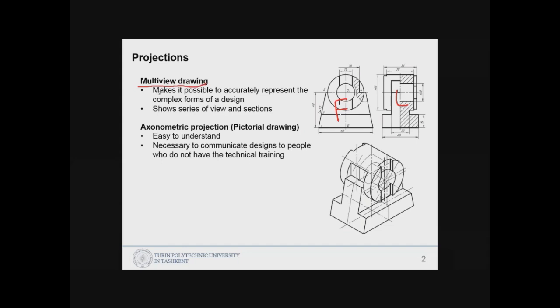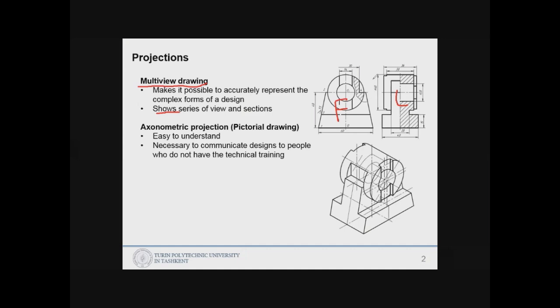So that makes it possible to accurately represent the complex forms of a design. Every complex form can be accurately shown from each side, and every side will be in its own position. So that's called multi-view drawing. Multi-view drawing includes a series of views, many views and sections.